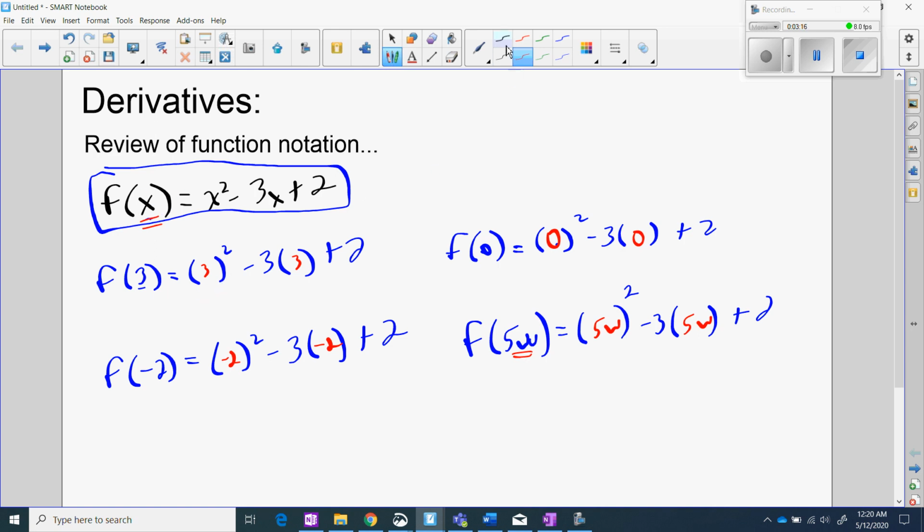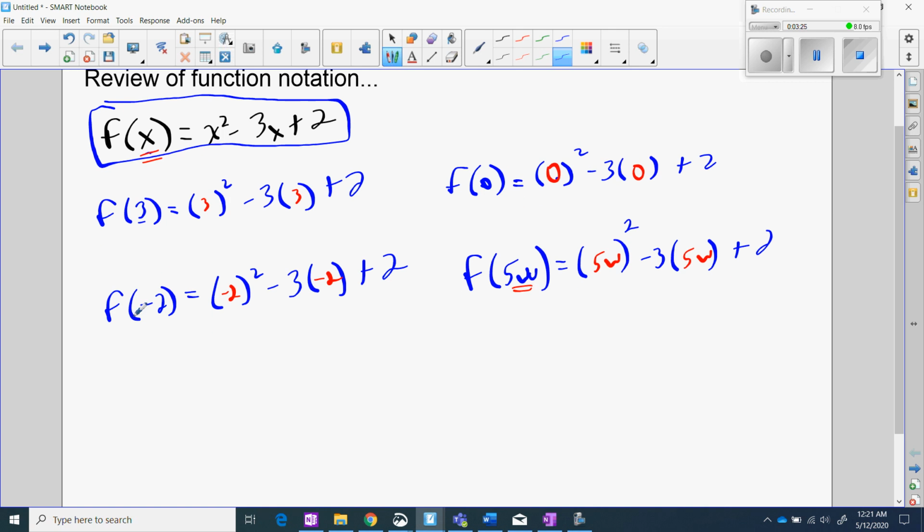So then, if we progress even a little bit further and say, well, what if I'm going to use, because in the definition of a derivative, we use a binomial. So what if I had something like this? f at 2 plus h. As I said, nothing changes. Where I used to be substituting x, I'm going to replace all the x's with now a binomial 2 plus h.